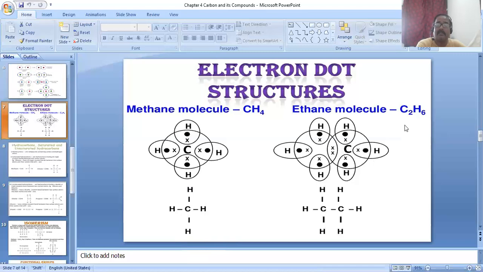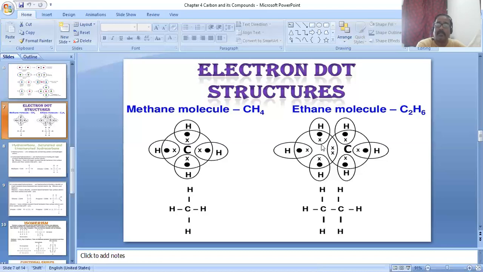Same as usual, here ethane, C2H6. Here one C is just missing. So total 6 hydrogens, 1, 2, 3, 4, 5 and 6, and these 6 dots represent the hydrogen electrons, and the crosses represent carbon electrons, 1, 2, 3, 4, and here one carbon sign is missing, so 1, 2, 3 and 4.